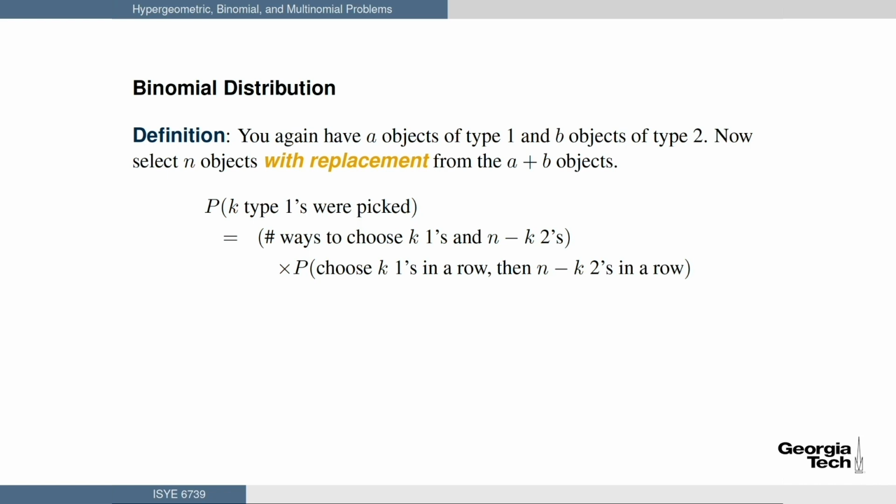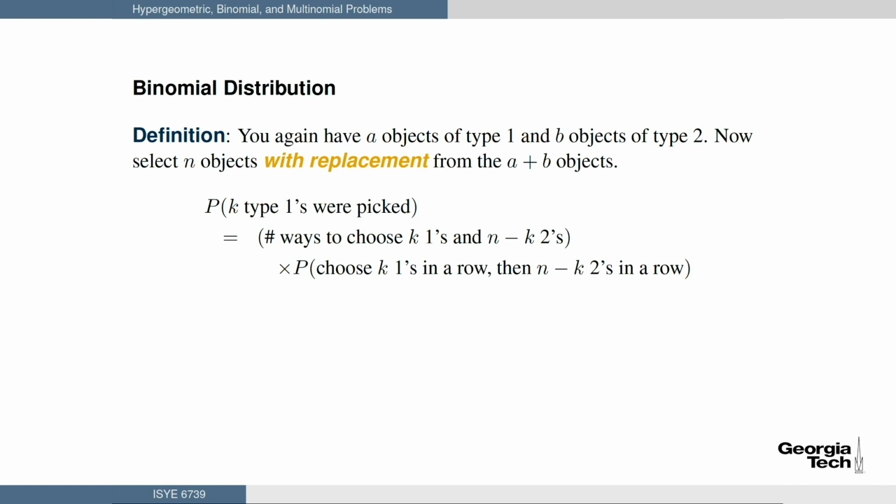Let's look at that last probability there. That's the probability of picking 1, 1, 1, 1, 1, and then 2, 2, 2, 2, 2, 2, 2. K 1s in a row, n minus K type 2s in a row. That is a very, very specific sequence of 1s and 2s. So that's the probability of picking that one specific sequence.